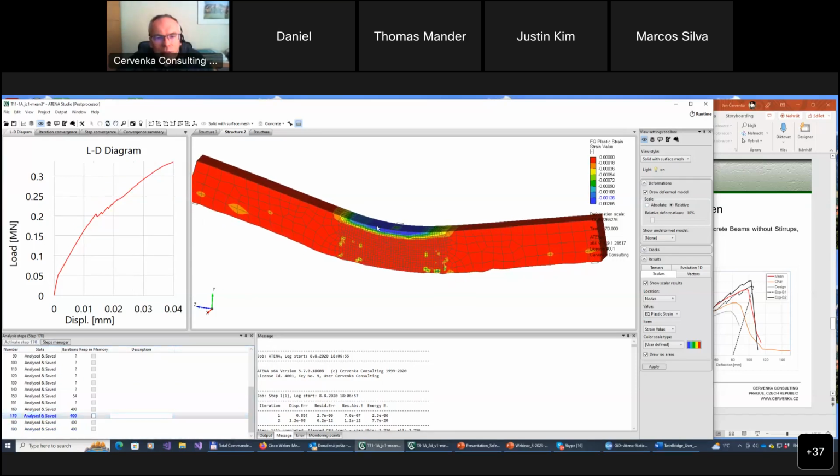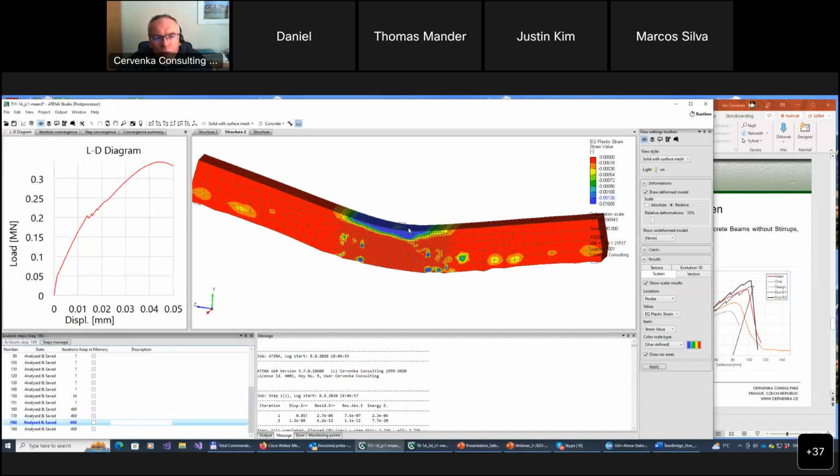Yes, indeed, we see that the failure started by reaching this crushing limit on this top part. And then, of course, due to softening, it's somehow localized in this area next to the support. And then it somehow propagated in some kind of a shear failure as well.